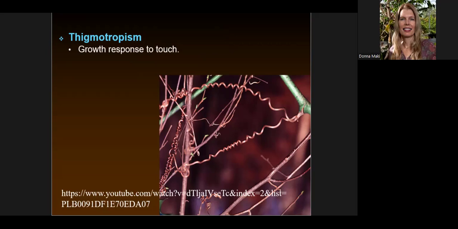That's what those are. And if you have ever grown peas or morning glories or something like that, if you put a stake in your garden for support, they'll do that nutation movement until they feel the support, and then they'll start wrapping around it as they continue to grow.